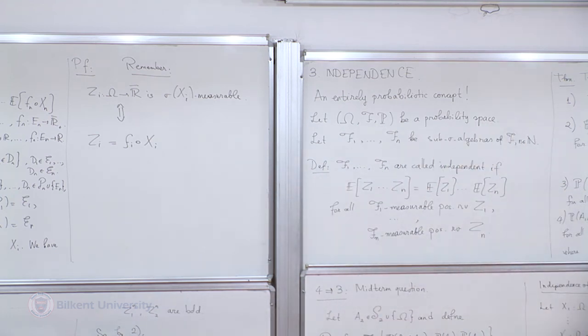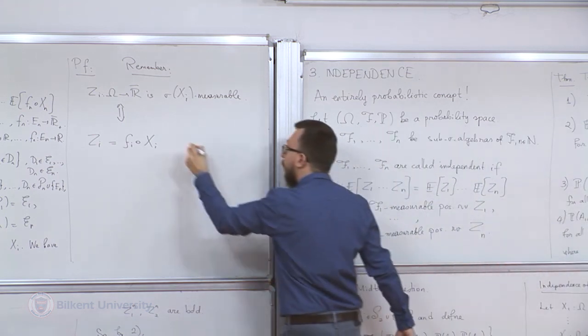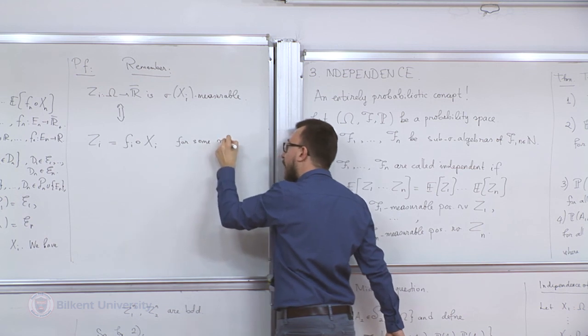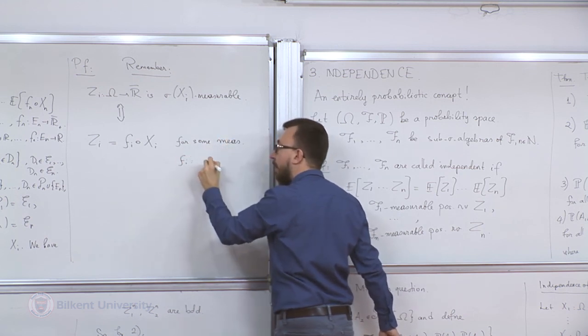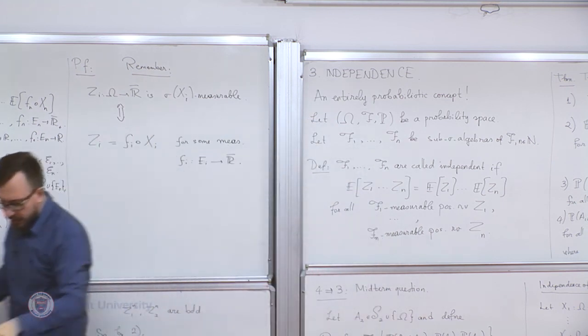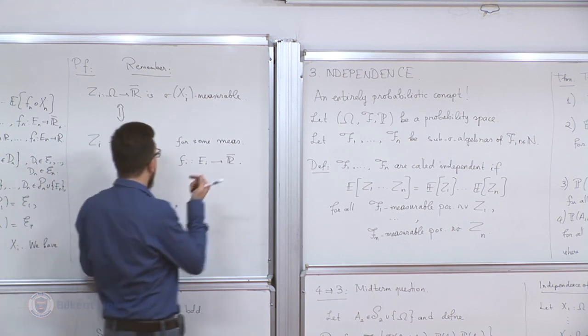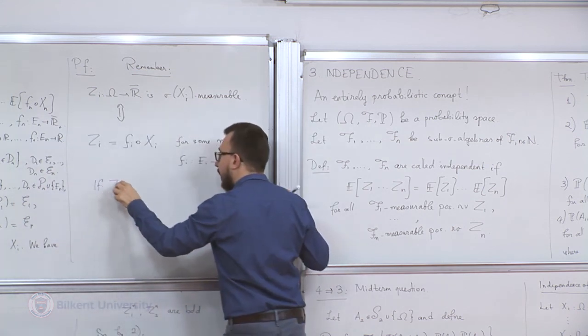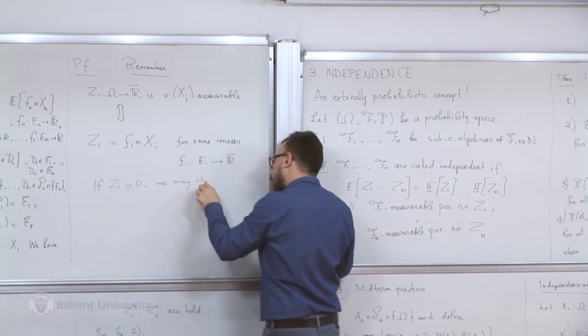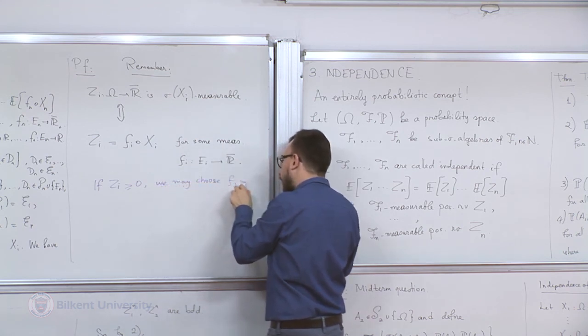So being measurable with respect to the sigma algebra generated by xi just means that it is a function of xi, like square, like sine, like cosine, for some measurable function fi from ei to r bar. And moreover, if your zi is positive, we may choose fi to be positive.